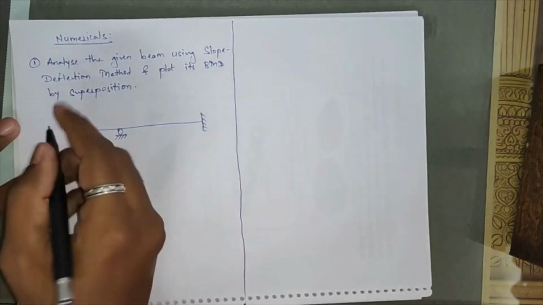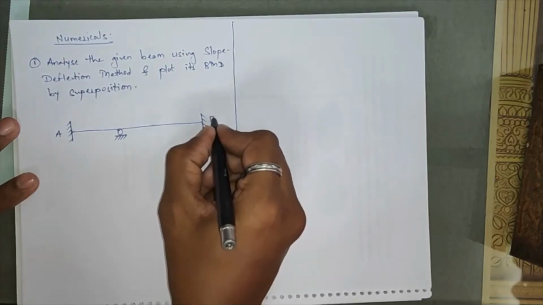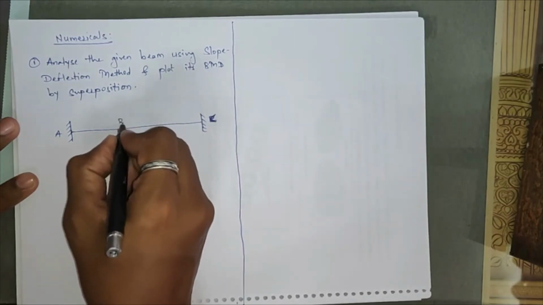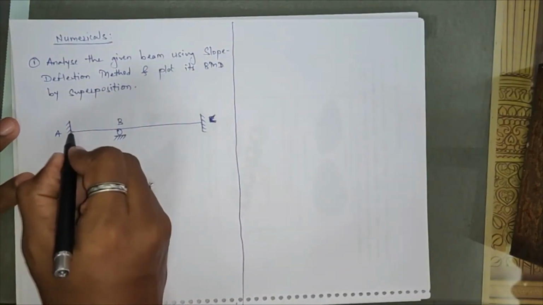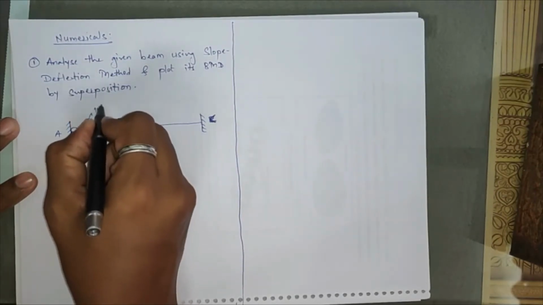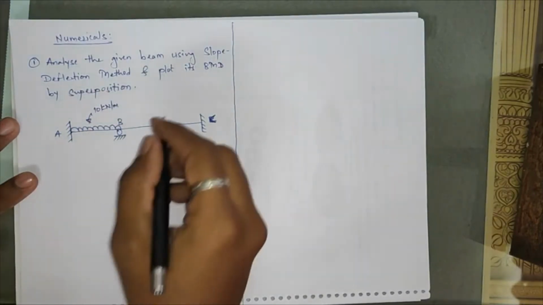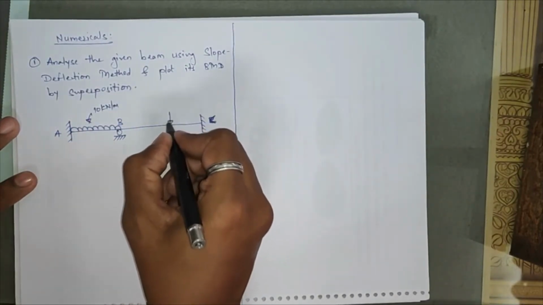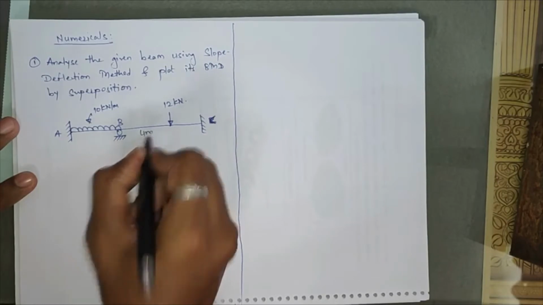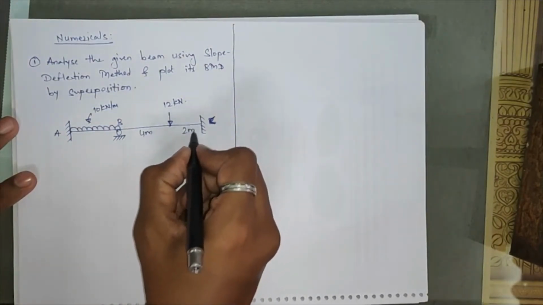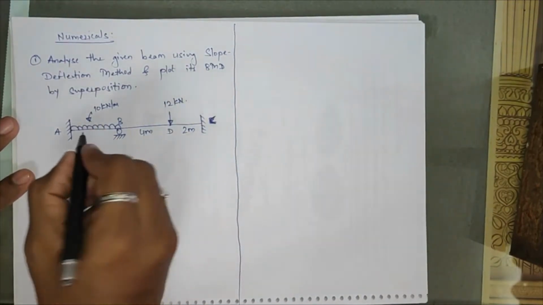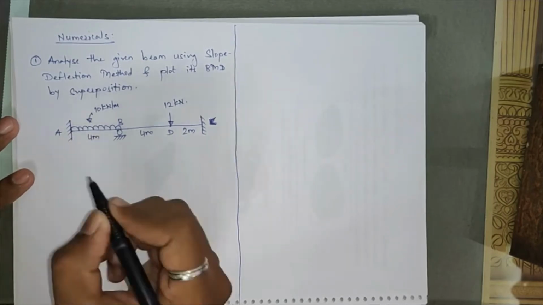I am drawing the given beam diagram for you, it is A, B, C. It is a continuous beam of which span AB is loaded with UDL of intensity 10 kN per meter, and between span BC there is a point load of 12 kN acting at a distance of 4 meter from joint B and 2 meter from joint C. Suppose this point I am calling D. The UDL span AB is completely 4 meter.